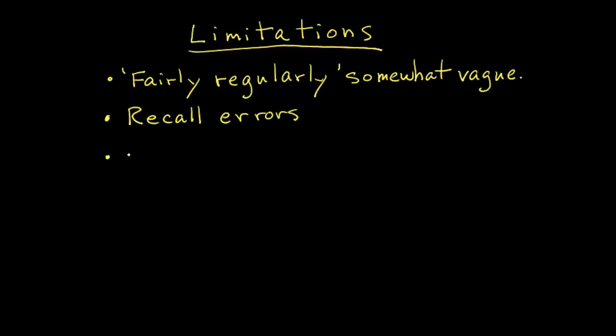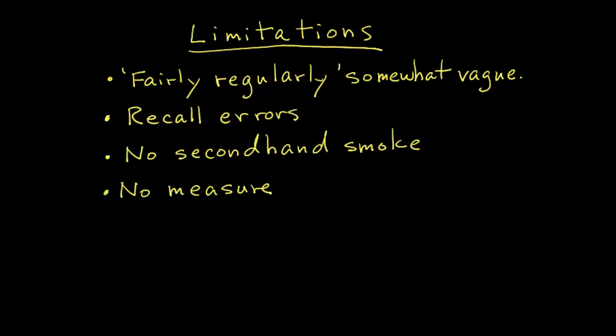Now, a third issue relative to my ideal is that this construct only gets at active smoking. It doesn't have any information about secondhand smoke exposure. Another issue is that some people will have quit smoking multiple times during their life. But the questionnaire only asks them their age at the last time that they quit smoking fairly regularly.